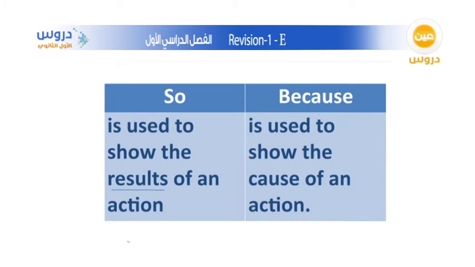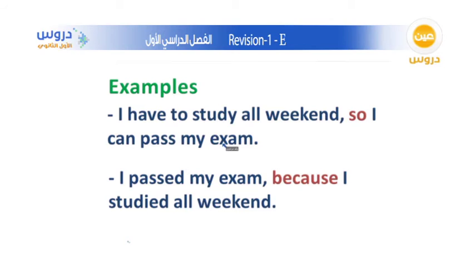Now, let's have this activity here, just to test ourselves. If you can just use so and because properly. Now, she is late because or so she will have to take a taxi. Number one, you have to choose either because or so.